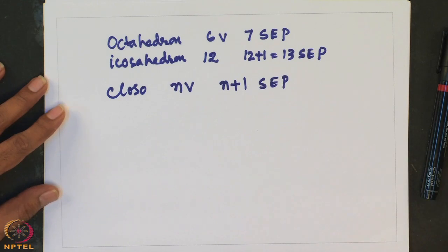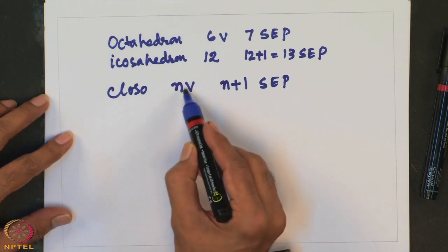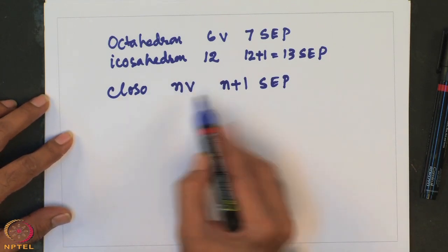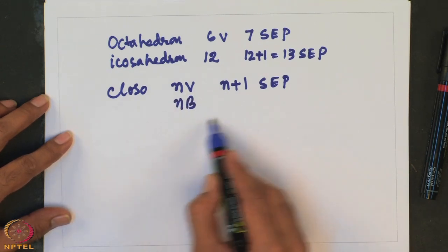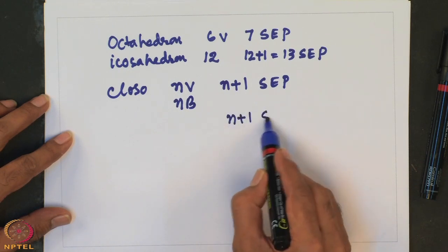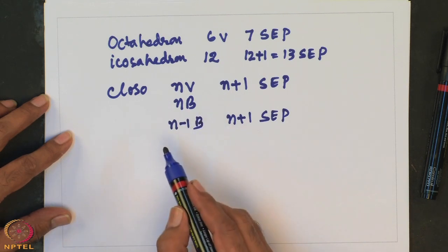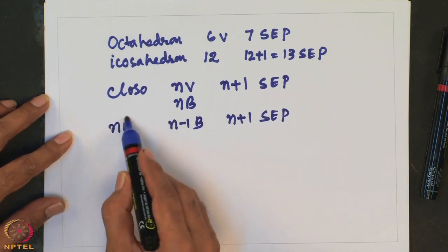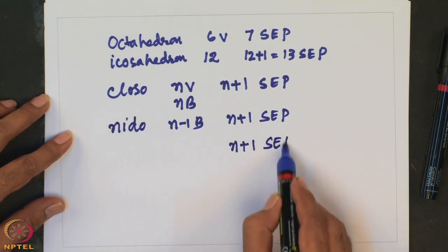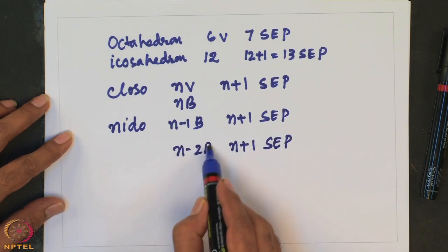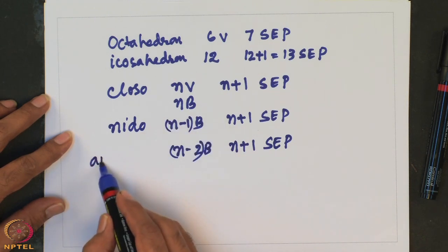If we have n+1 skeletal electron pairs and n-1 boron atoms, then it is called nido. Similarly, if we have n+1 skeletal electron pairs and n-2 boron atoms, that is called arachno.